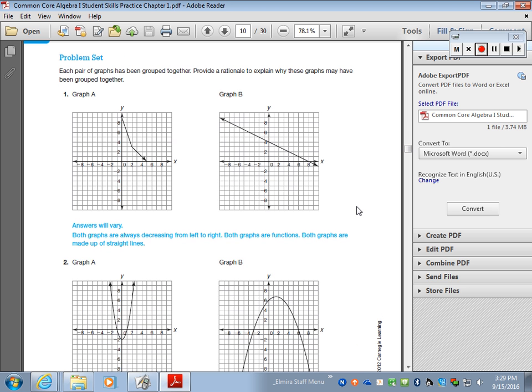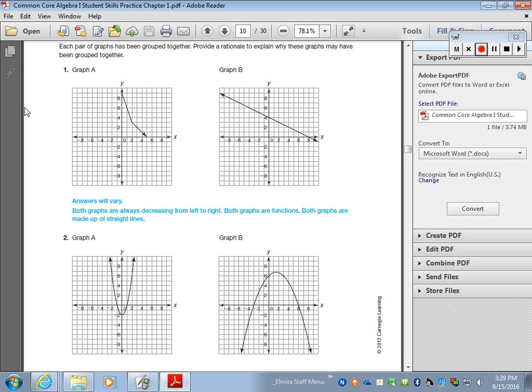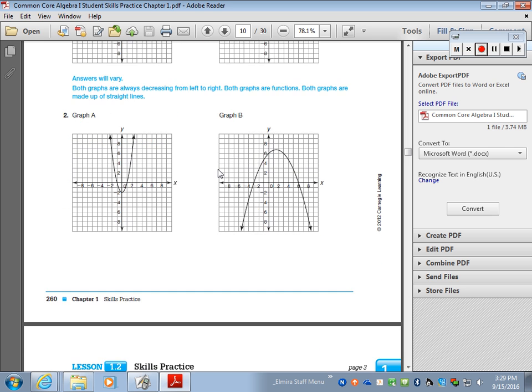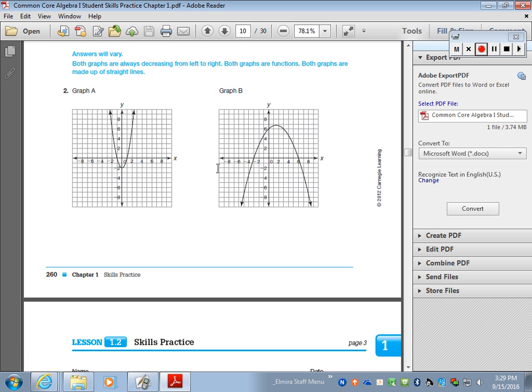This problem set is asking you to take two graphs and compare them. Some of the ones that people showed me in class today, I'd really like to see you put a little more quality into this and have some more vocabulary being used.